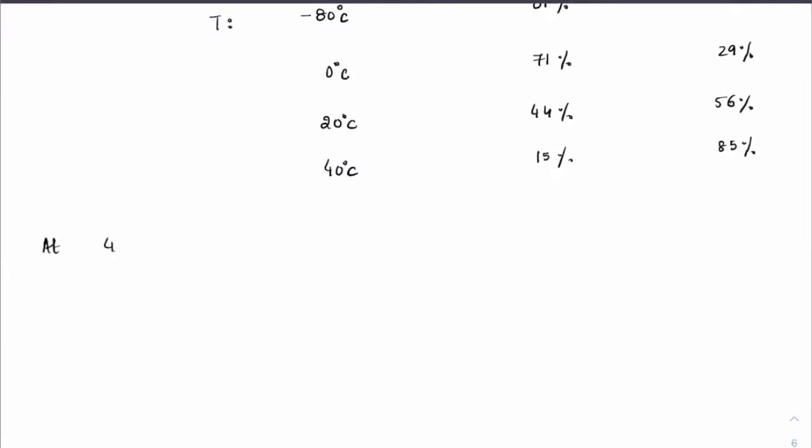Let us consider at 40 degrees what is happening. At 40 degrees, we have two products. We have this 1,2 addition product, and we also have 1,4 addition product. 1,4 addition is this way, right? Yeah. This is 1,4 addition product. Now at around 40 degrees, it has been found that this is around 15% and this is around 85%.